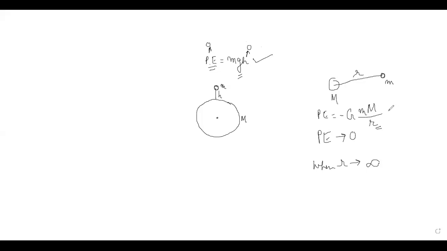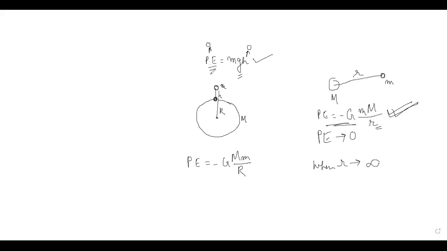But according to the formula on the right, if the radius of the earth is capital R, when the object is on the surface of the earth, the potential energy is minus G capital M small m by R.